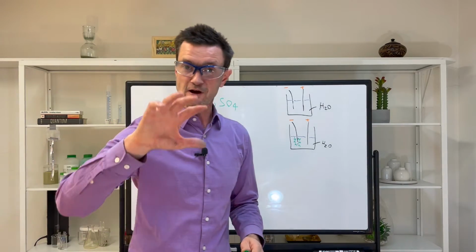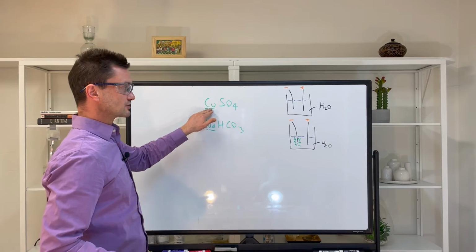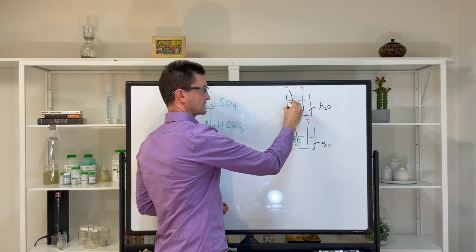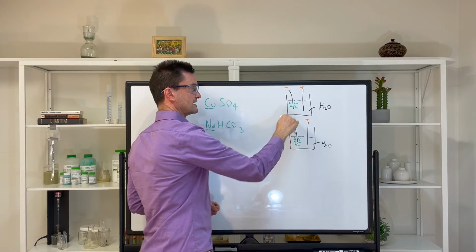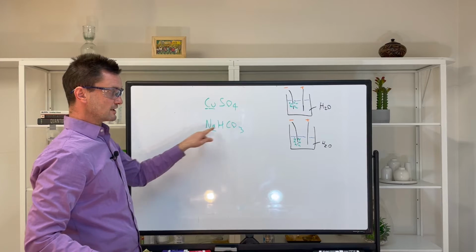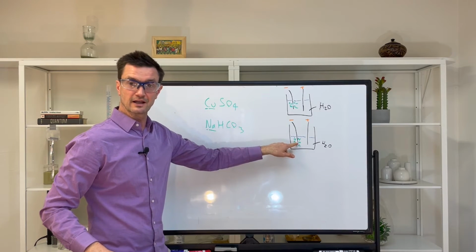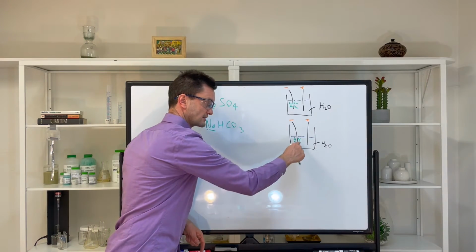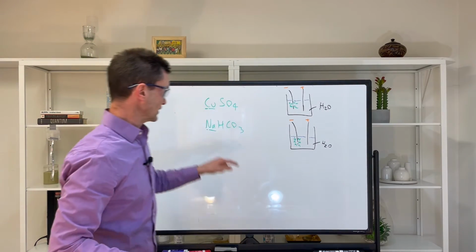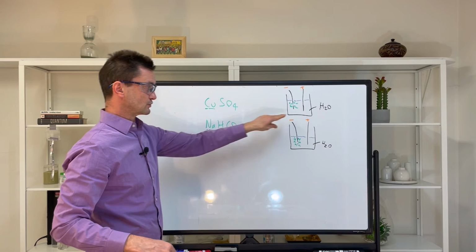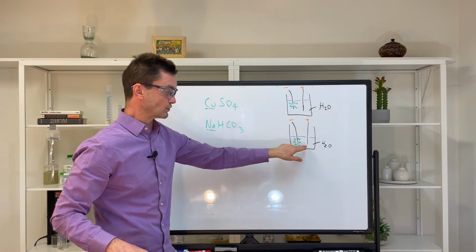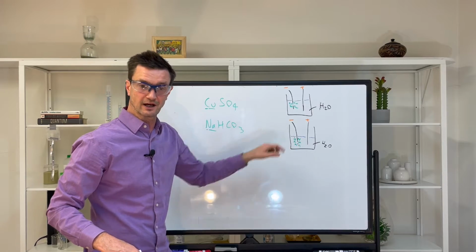So let me frame the question. Why does copper plate or collect on the negative electrode in this experiment, but sodium does not plate on the negative electrode in that experiment? Hydrogen bubbled or collected at that negative electrode. So again, why does copper, which was in solution, plate out, and why doesn't sodium, which is in solution, plate out?